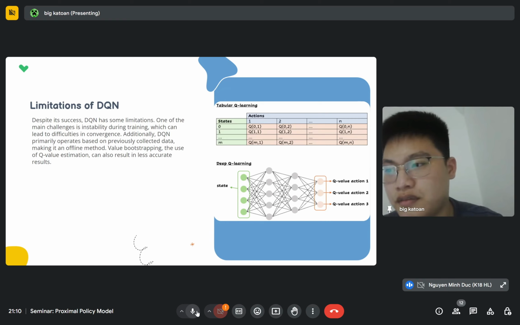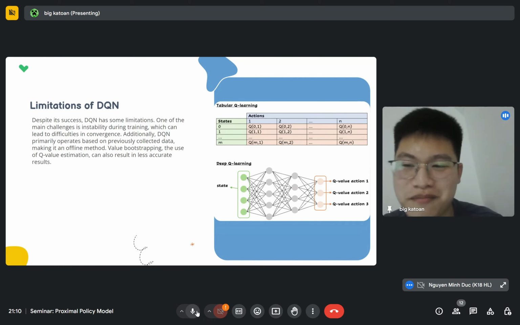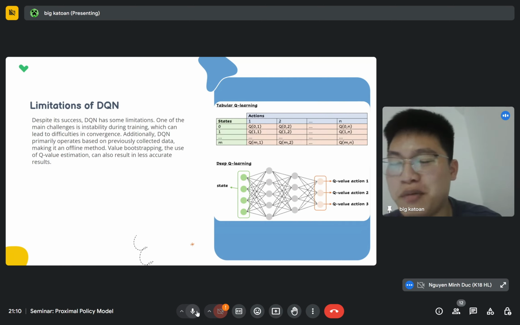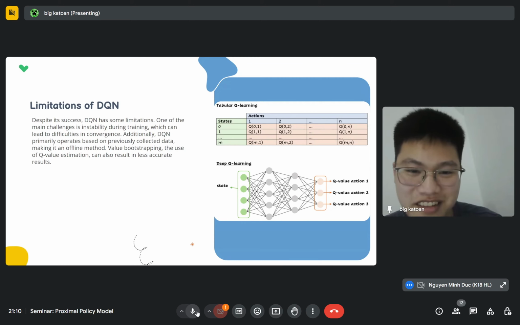So it cannot deal with regression problems. Yes, that's why we use it, because it is actually just for probability. Okay, thank you.